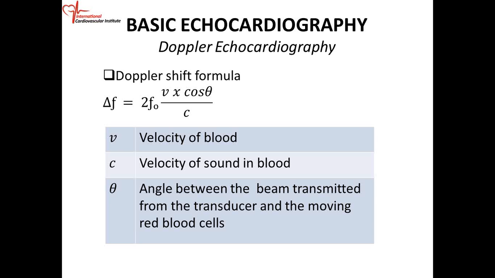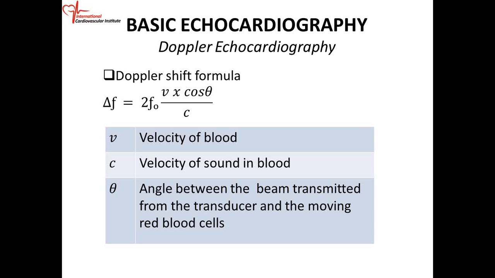So this formula says that the Doppler shift is equal to 2 times the transmitted frequency, times v, which is the velocity of the moving blood, so it has a speed, times the cosine of the angle between the ultrasound beam and the red blood cells.